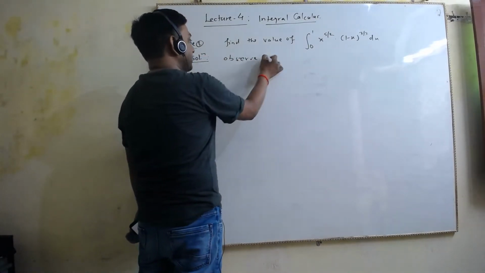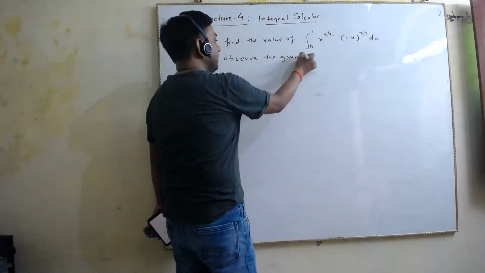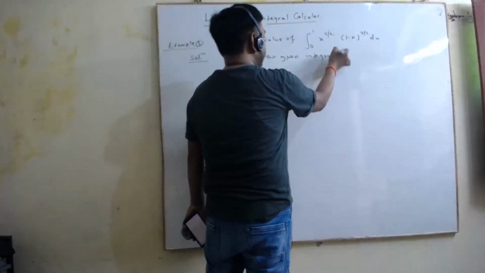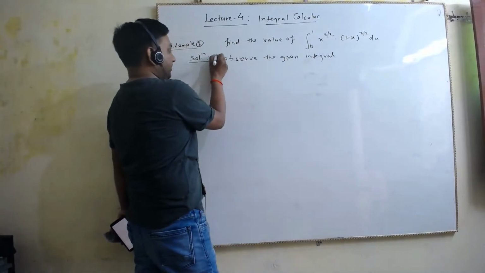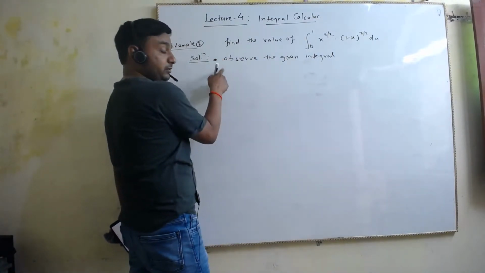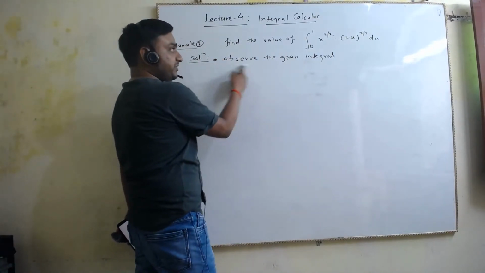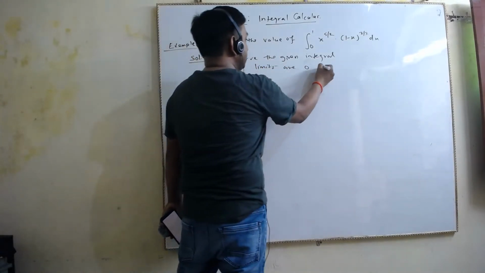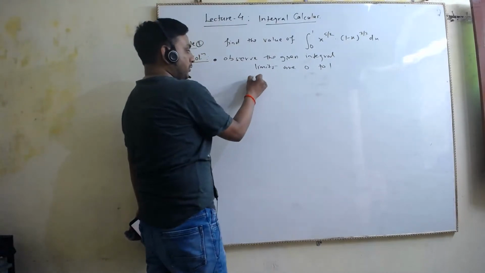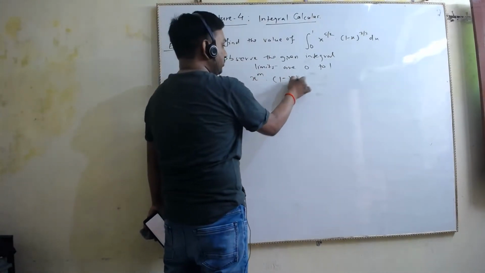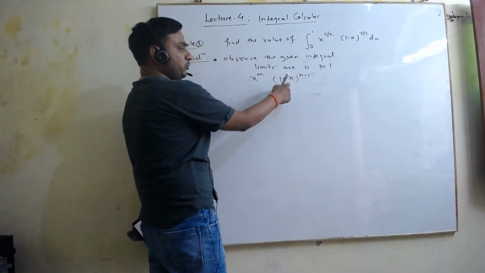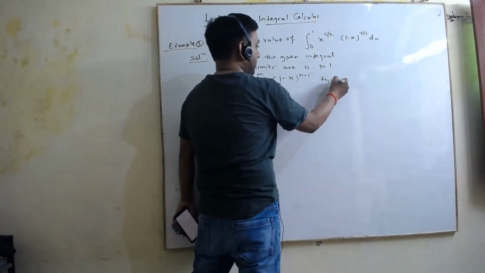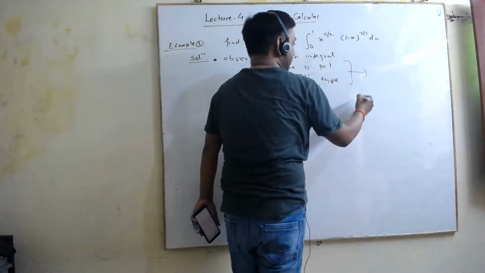Observe the given integral. Step 1, please do remember this thing. The very important step is this: limits are 0 to 1, and functions are x raised to the power m minus 1 into 1 minus x raised to the power n minus 1 type. So this implies what?